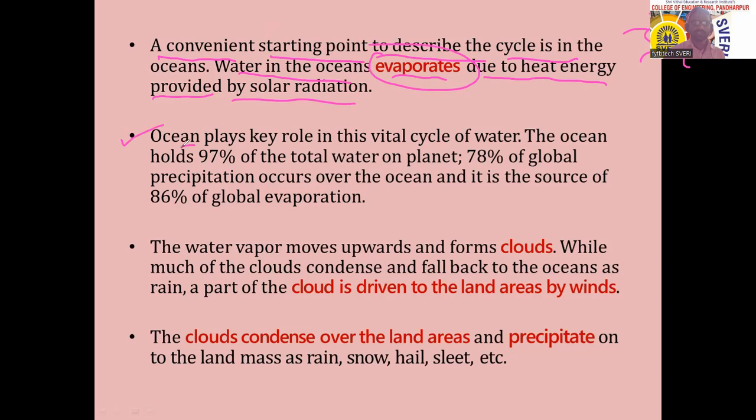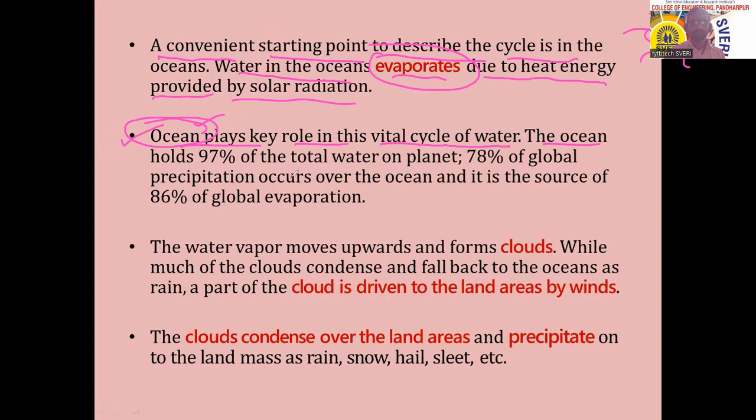Then the ocean plays a key role in the vital cycle of water. In the water cycle, oceans play a very important role. The maximum amount of water which comes as rain is captured by the ocean, and again the maximum evaporation is from the ocean.